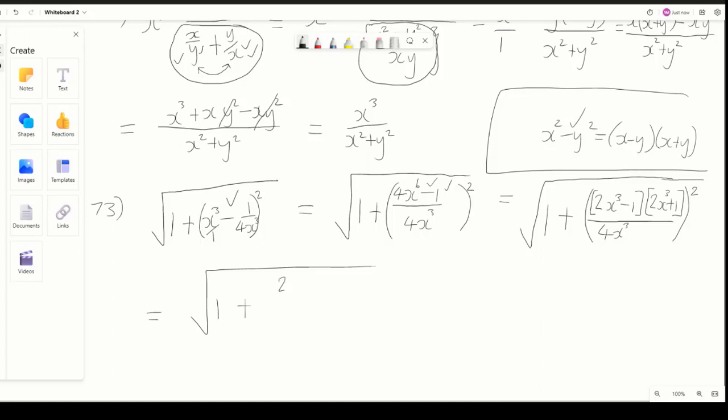So on top, I would have 2x cubed minus 1, 2x cubed plus 1, and that's all squared. And in the denominator, I can also square the denominator here, which is just 16x to the 6.